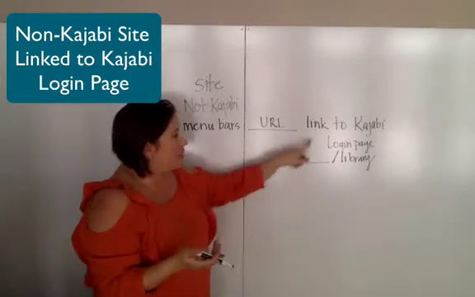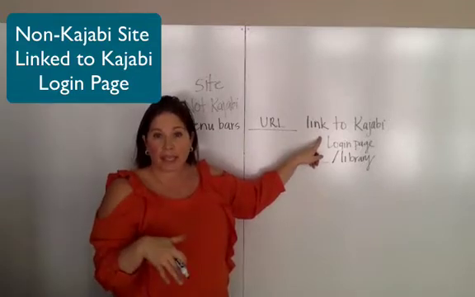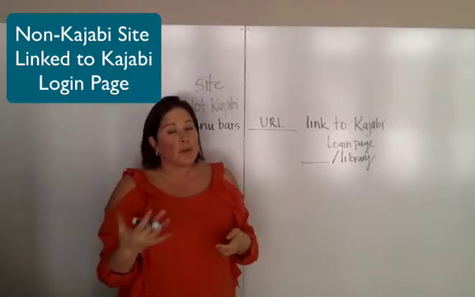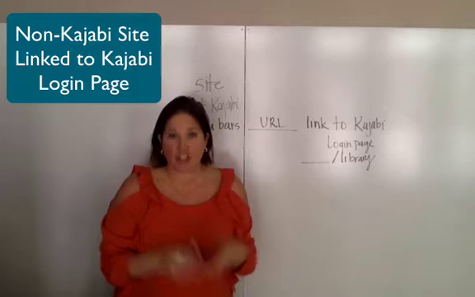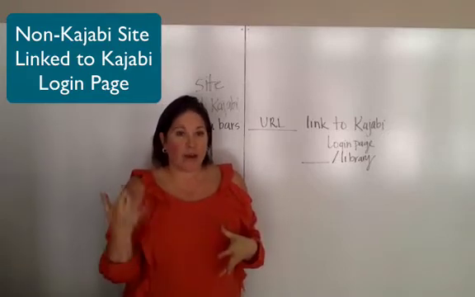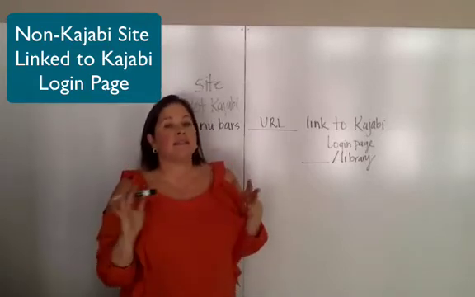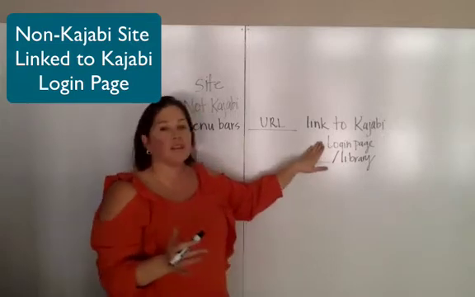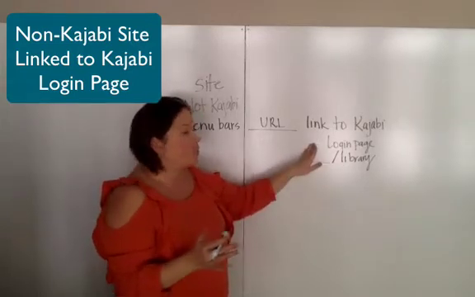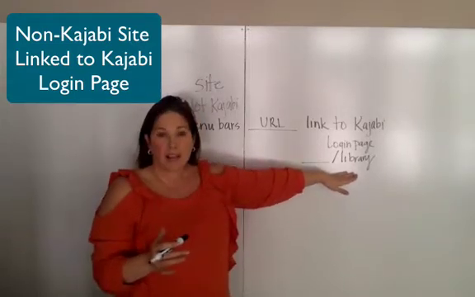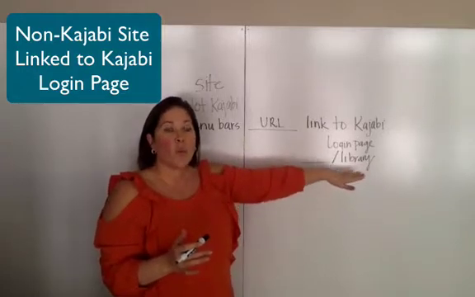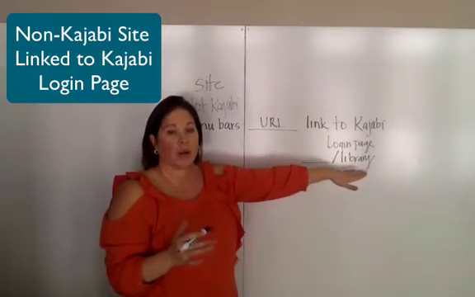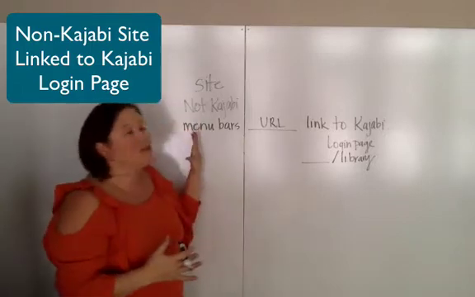Then when I click it, it'll take me to the Kajabi login page, which you will set as your home page inside Kajabi. You have to go underneath settings, set it to the login page, and then when anyone goes there, they'll log in.